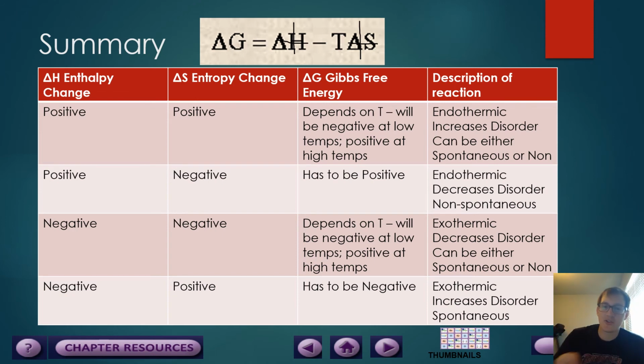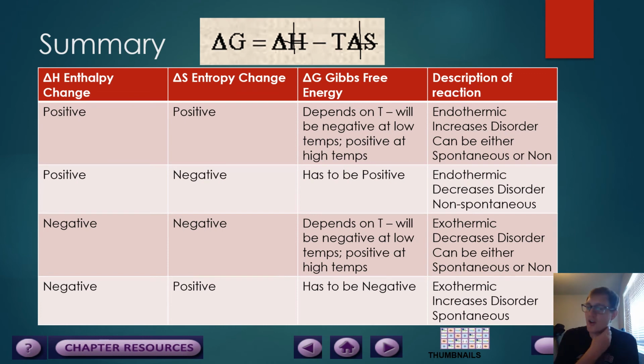If the temperature is really low, let's say 10, then this is going to be something big minus something small, which is a positive number. And vice versa, it is negative at high temps. So let's say it's at 1000. Well, something small minus something big is going to give you a negative.